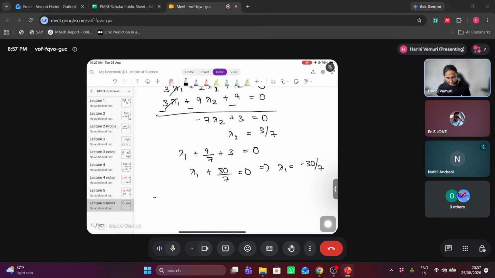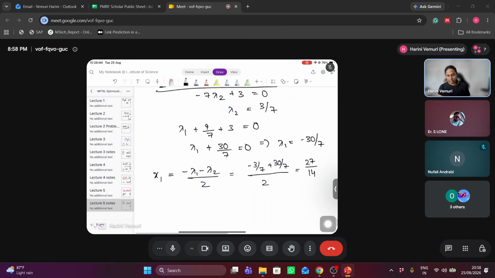So now x1 is, if you remember, minus lambda 1 minus lambda 2 by 2, right? So it's minus 3 by 7 plus 30 by 7, by 2, which is 27 by 14. That's what we'll get.